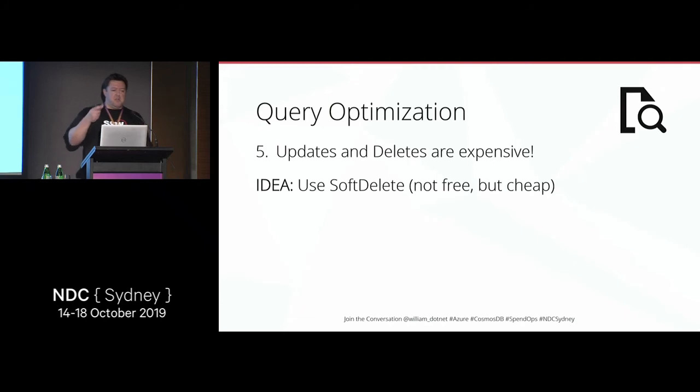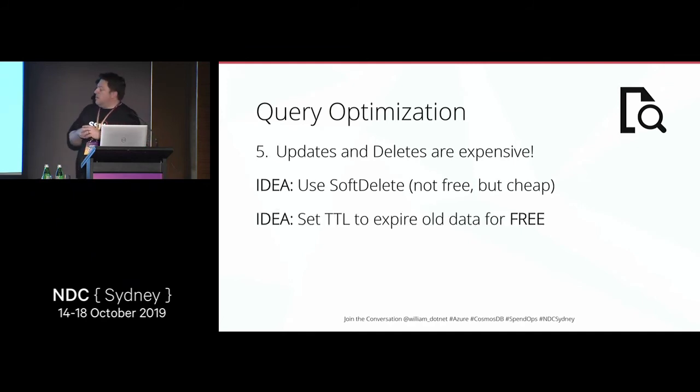Just like the discriminator property that we used earlier, we can have an isDeleted field, mark that as true, and include that in our query to filter out the things that we think are deleted. There's another trick: you can set a time to live property on each item in the database, so Cosmos will actually expire that data for you for free. You can use both of these or a combination to make deletes a bit cheaper.